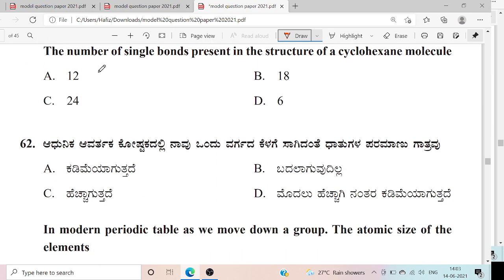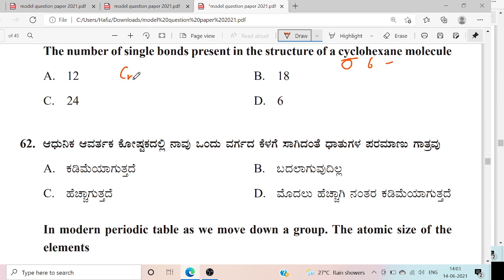Next question is on your screen. The number of single bonds present in the structure of cyclohexane. See, cyclohexane belongs to a group of compounds called the cycloalkanes. Cyclo means closed structure, hex means 6 carbon atoms, ane means single bond.